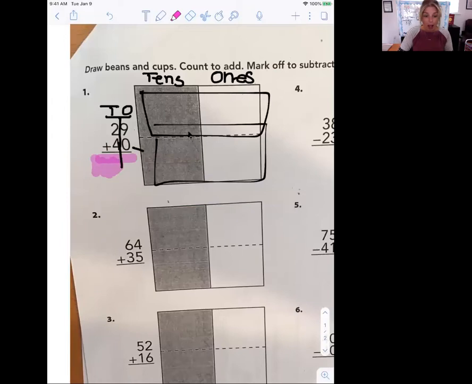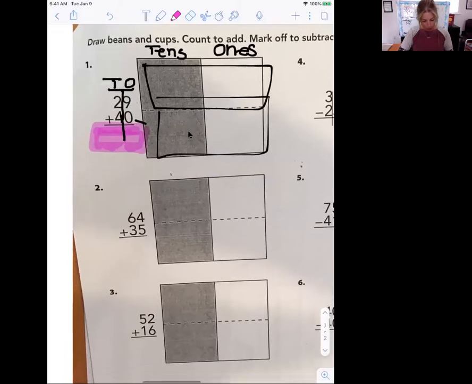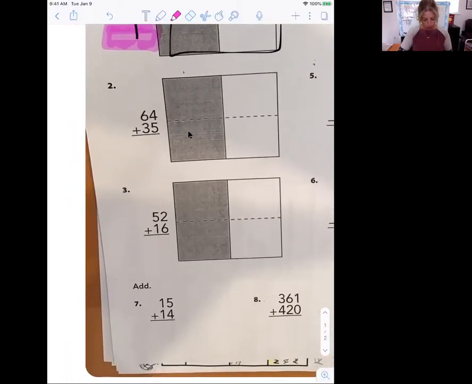And then whatever you have for your 1s, make sure you have those 1s, the single beans that you got for your total. Your total is right here in pink, guys. Okay, go ahead and do that. Pause your video and double check your answer by counting the pictures and that they match up with your totals that you added. Okay, we're going to move on to number 2.